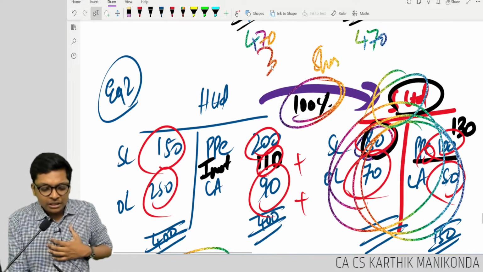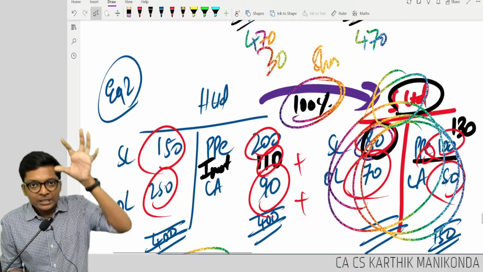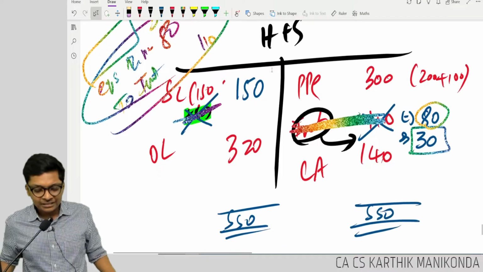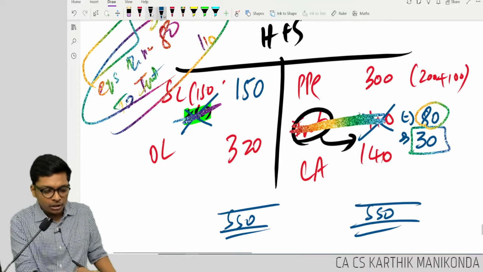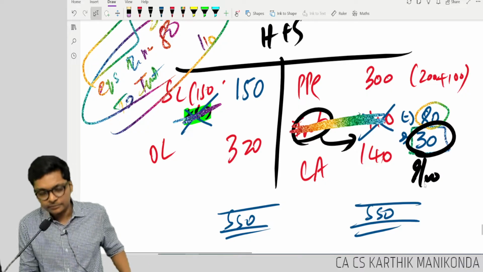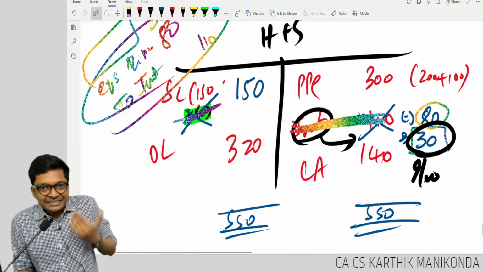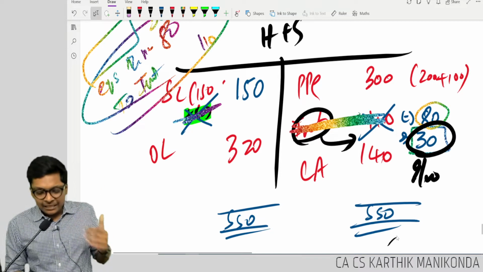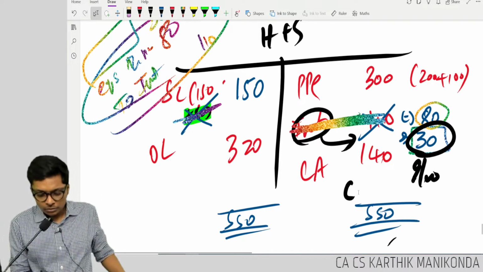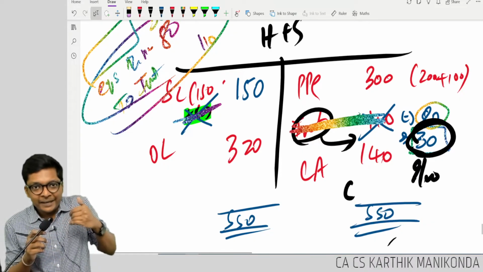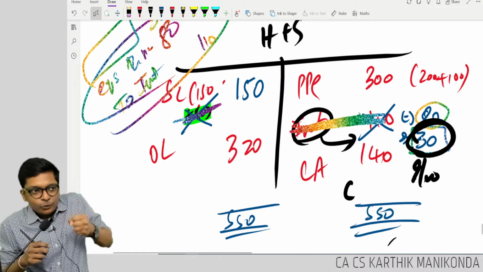This is the extra 30 you are paying to gain control over the entity, correct? So this 30 is colloquially called goodwill in books also. It's goodwill only. But the standard doesn't use the term goodwill. Study math uses goodwill. But the standard uses the term, this is the cost I am paying. Dhoni's bat I paid 5 lakhs to get it into my hands.